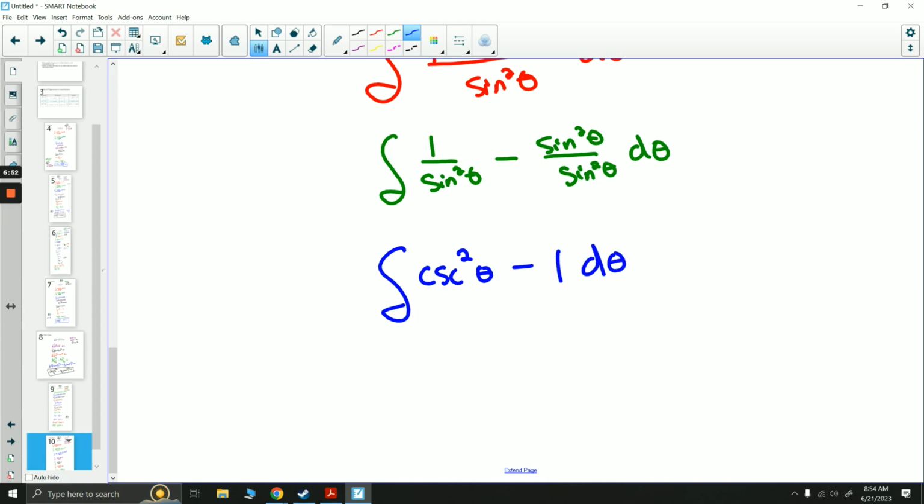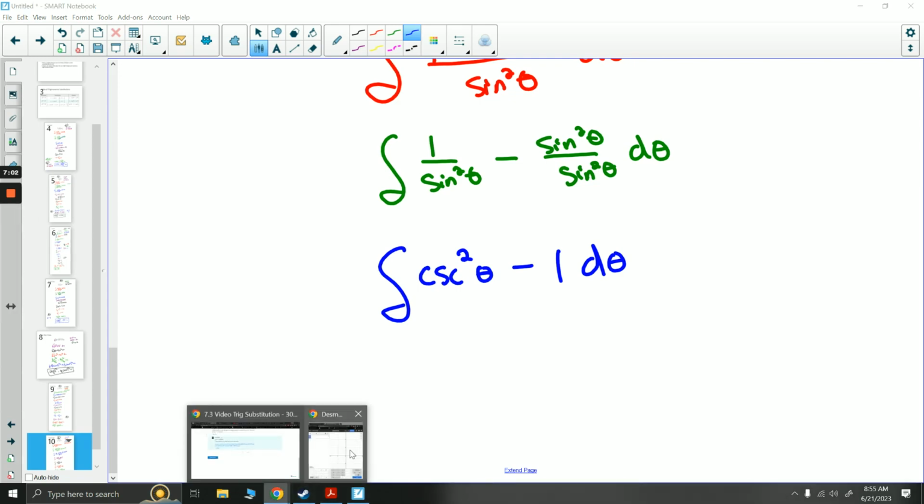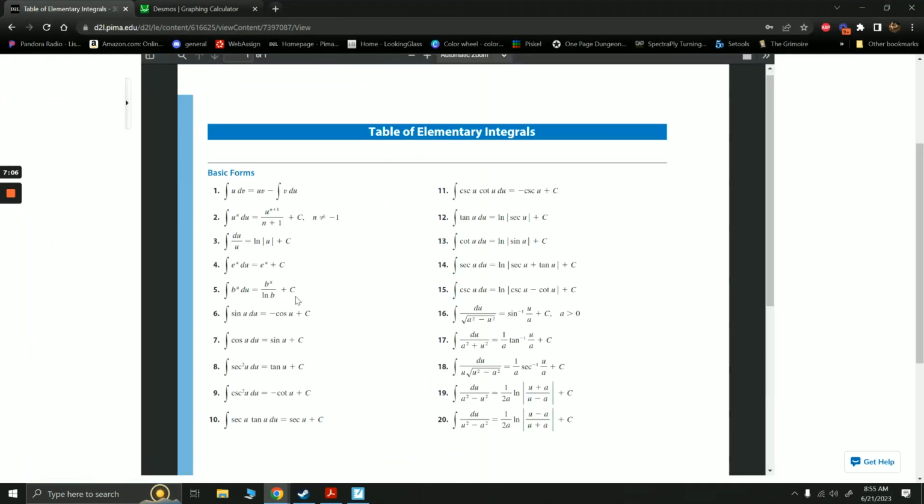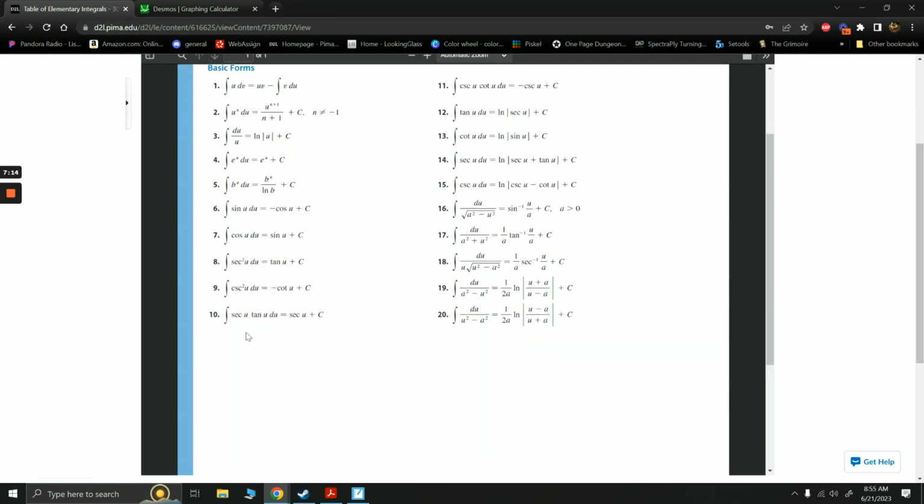So I can integrate this, and if we go to our elementary integrals table, let me pull that up here. Okay, we actually have one for this. If we look, the integral of cosecant squared u du is negative cotangent u.